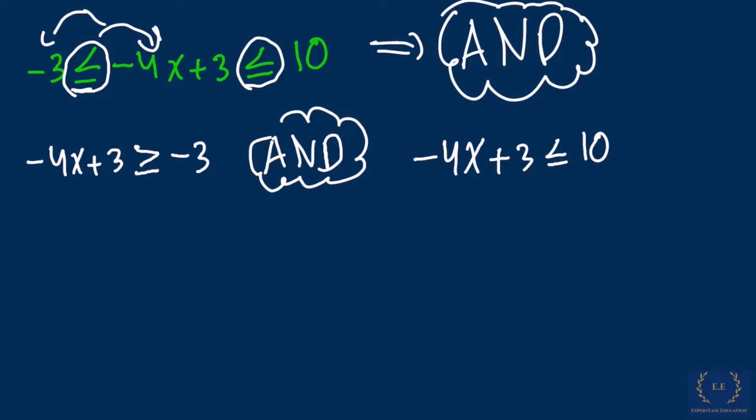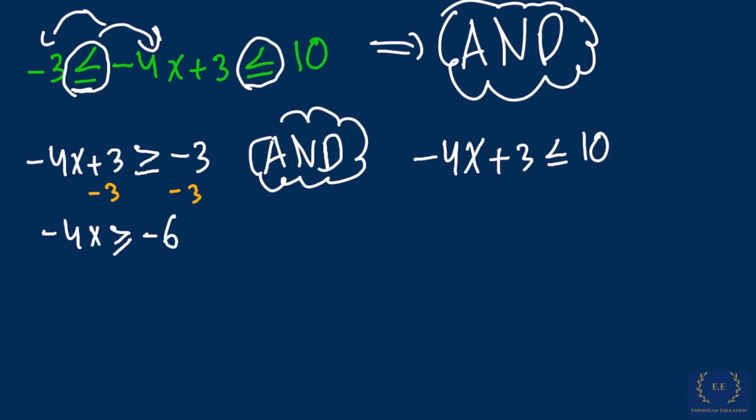Then I'm going to solve every single one of them by itself. Now I'm going to subtract 3, to get rid of the plus 3: minus 3, and then minus 3. I'll end up having minus 4x greater than or equal to minus 6.